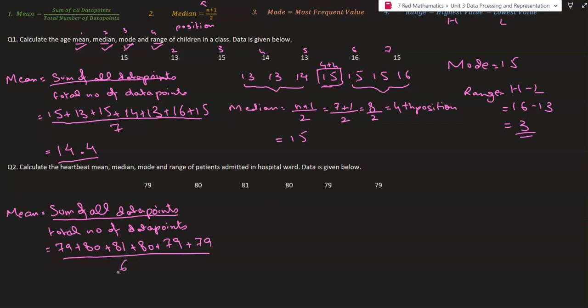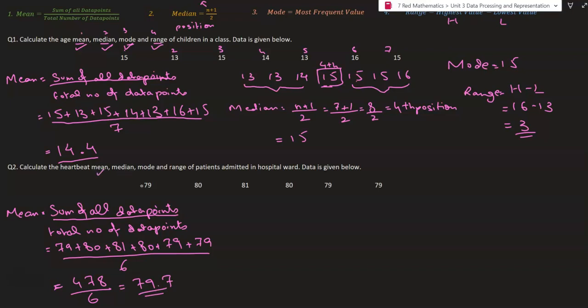So in total, I have 6 data points. And so I'm going to calculate it. If I sum this, it equals 478, and I have to divide it by 6, and I get an answer of 79.7, and this is the mean. Now I'm done with mean.